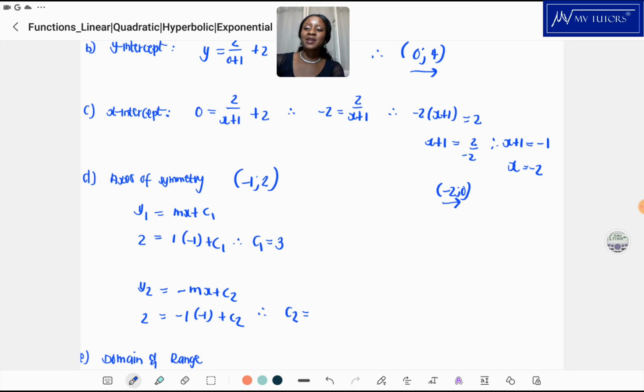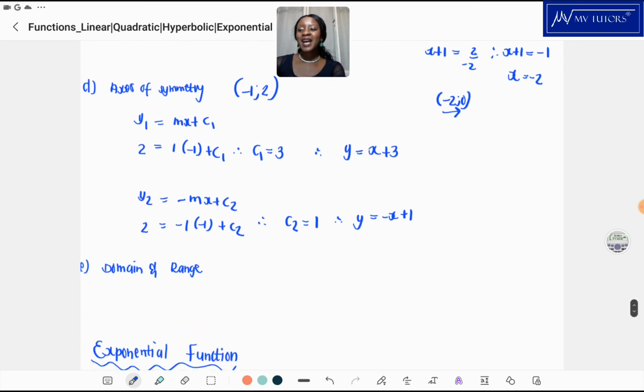So 2 minus 1, I then have 1. Therefore my equation will be y is equal to x plus 3. The other one will be y is equal to negative x plus 1. So those are my axis of symmetry equations.